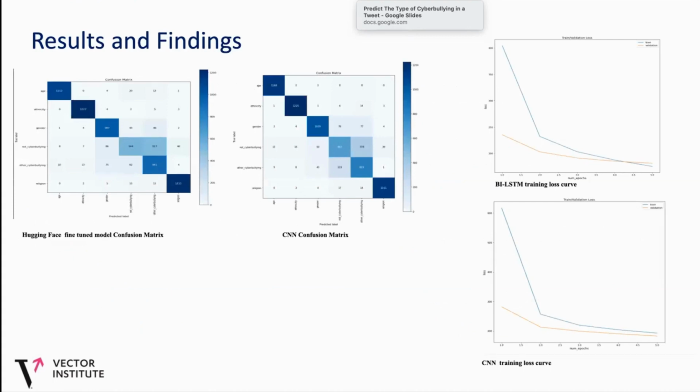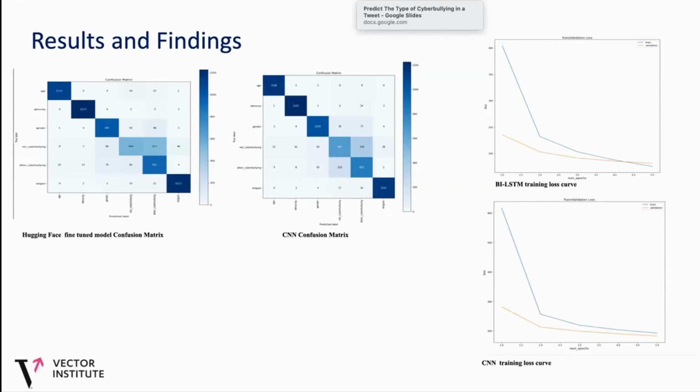Now to the results and findings. I'll be comparing the confusion matrix for the Hugging Face transformer and the confusion matrix for the CNN model.